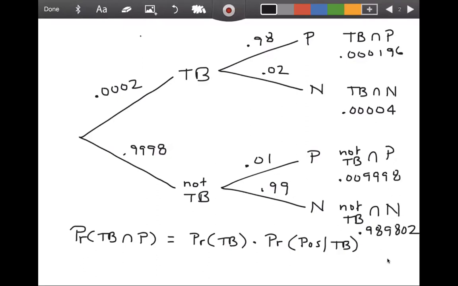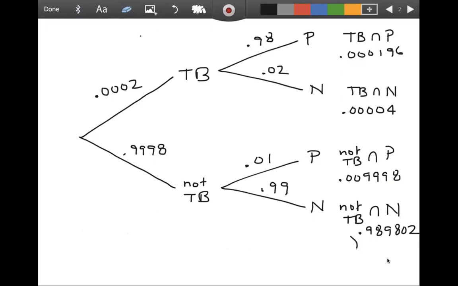Okay, so now we have all the information we need to answer the question. The question was, a person is selected randomly from this population and given a TB test and they test positive. What is the probability that they have TB?